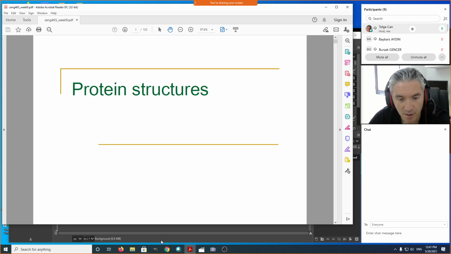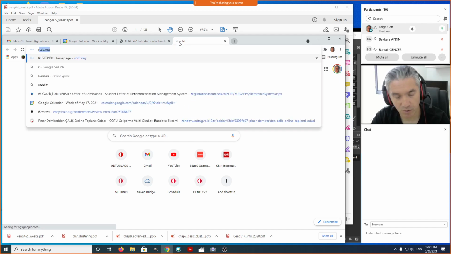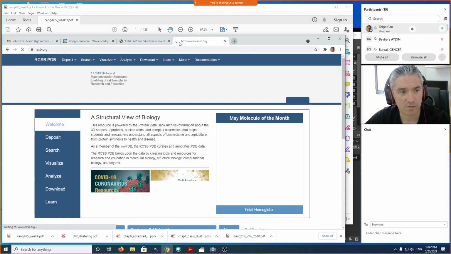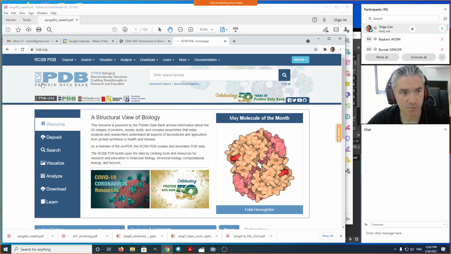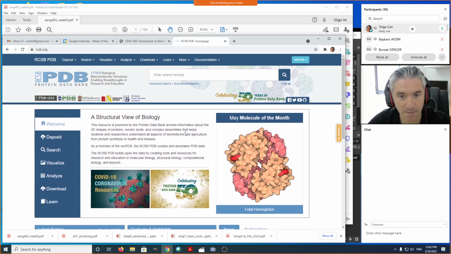We have visited the protein structure data portal, the Protein Data Bank, at rcsb.org/pdb. This RCSB Protein Data Bank is the main repository for protein structure information.